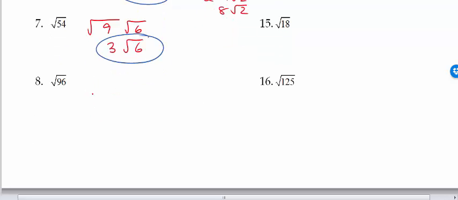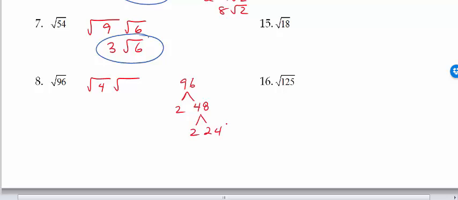96 is 8 times 12, but that doesn't help us. If we were to take a 4 out of 96, let's think what would be left. Well, 96, when you break it down, is 2 times 48. 48 is 2 times 24.